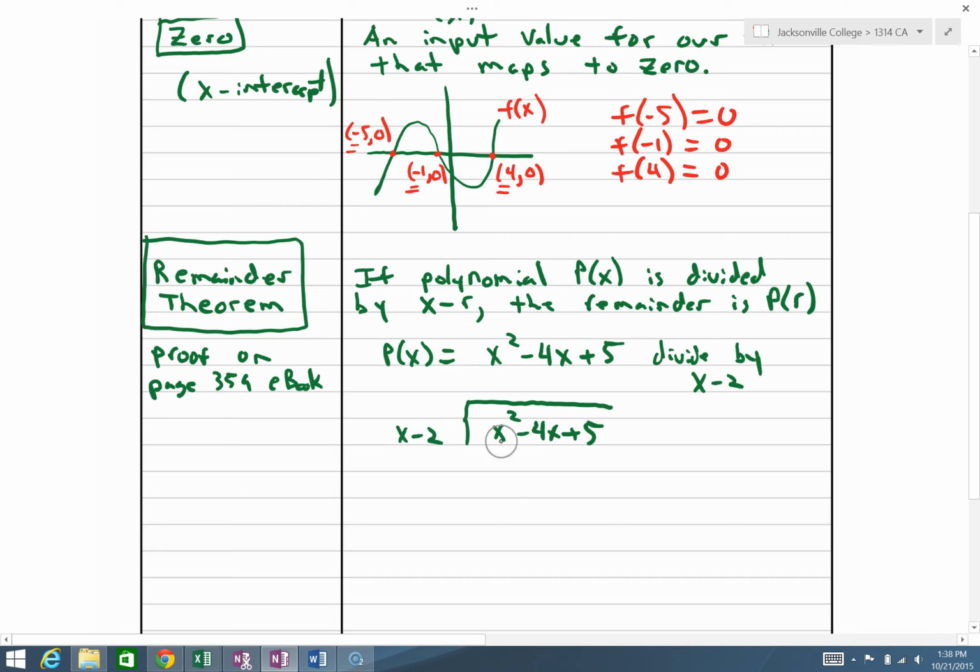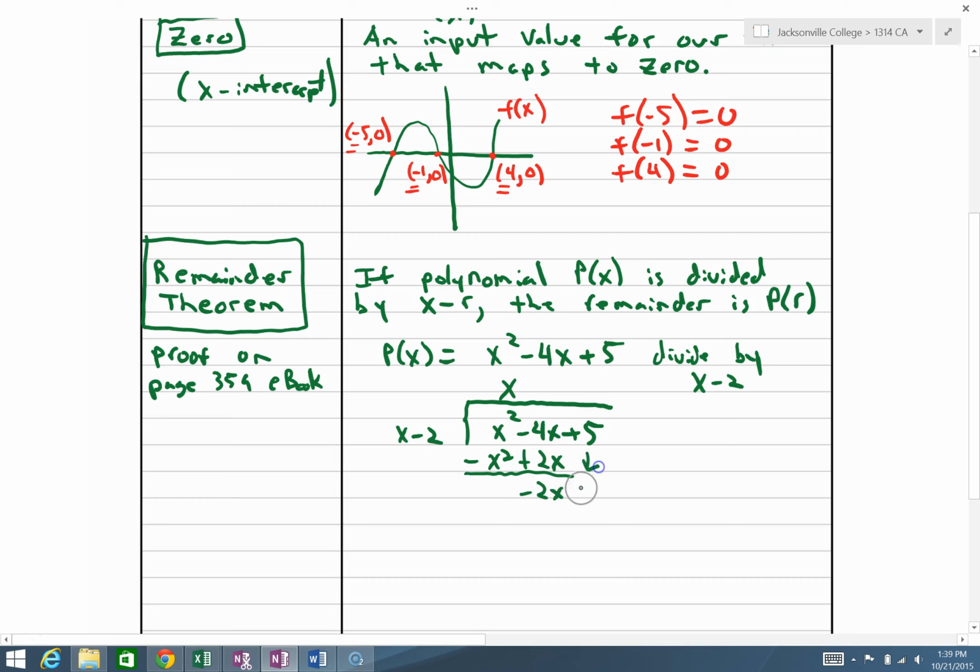so x goes into x squared how many times? x times. So x times x is x squared. x times minus 2 is a minus 2x. Now I can subtract. By subtracting, I'm going to change my signs and then add. That cancels. Negative 4x plus 2x is a minus 2x.